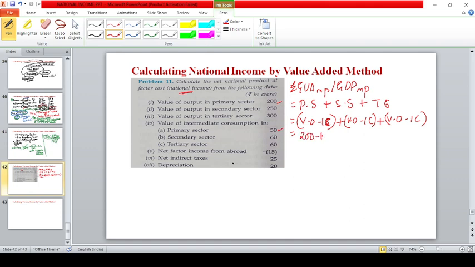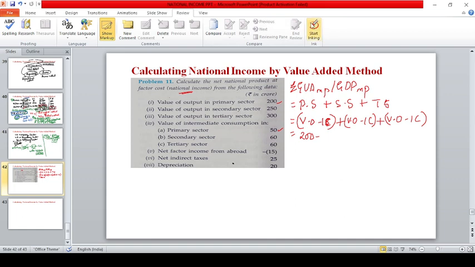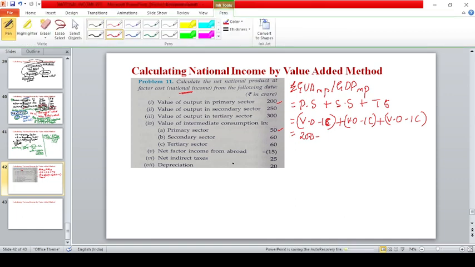So 200 minus 50, plus value of output, that is 250 minus 60, plus value of output 300 minus IC 60. So when you calculate, you'll get the total as 580.